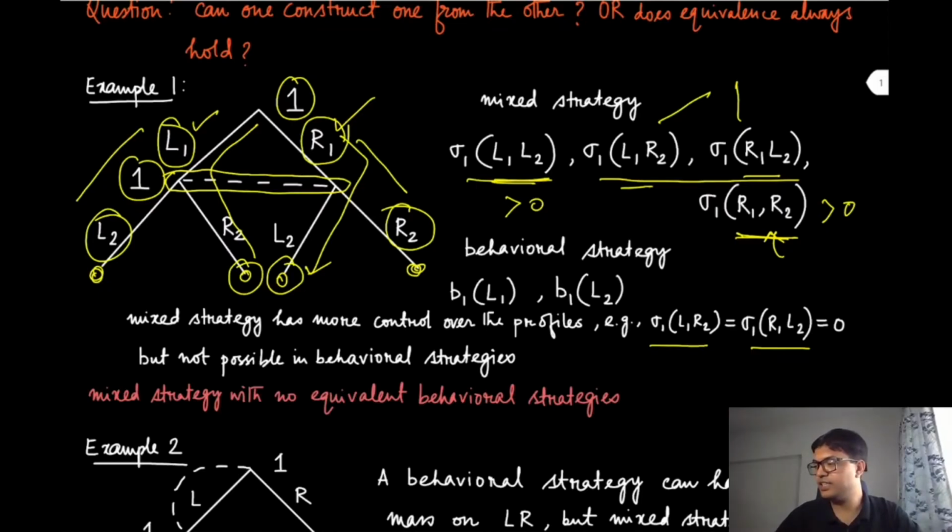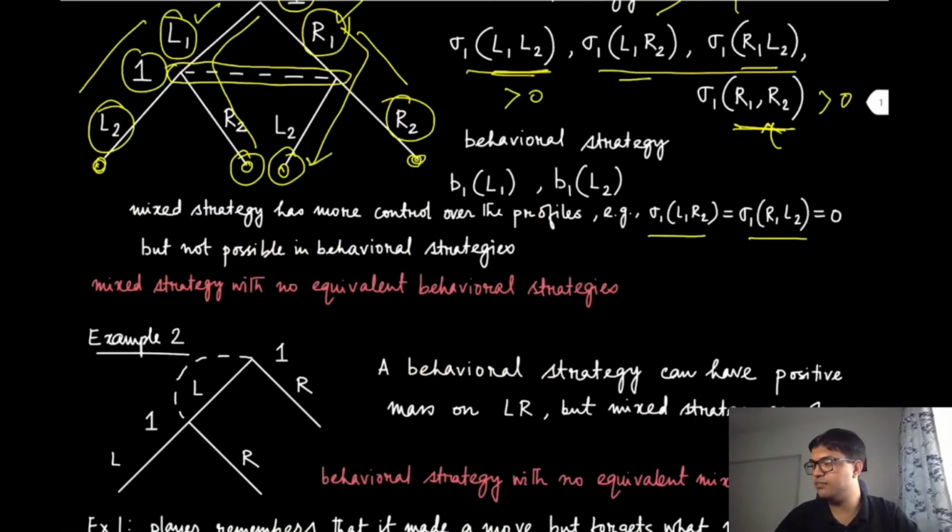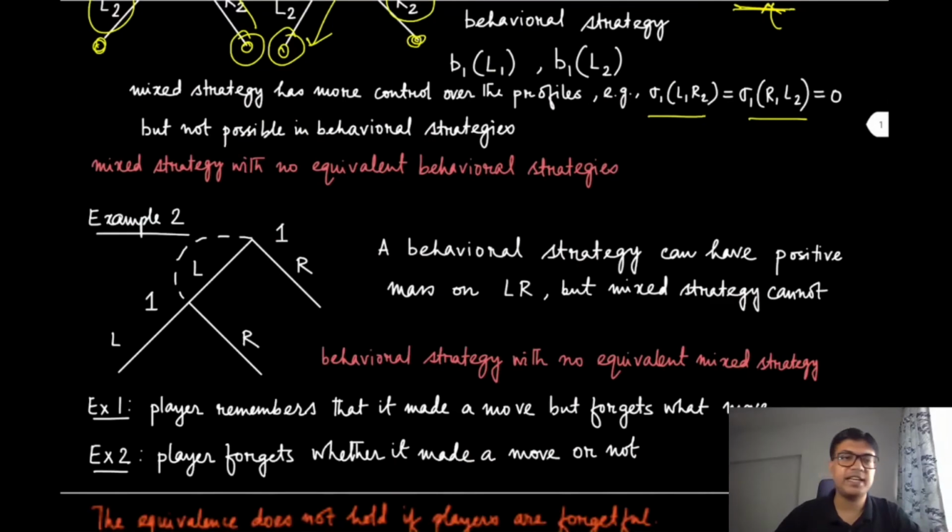Okay, so that is the first example, a mixed strategy with no equivalent behavioral strategy. The second example is a forgetfulness of a different kind. Here, player 1 is again playing first and also playing in the second round.